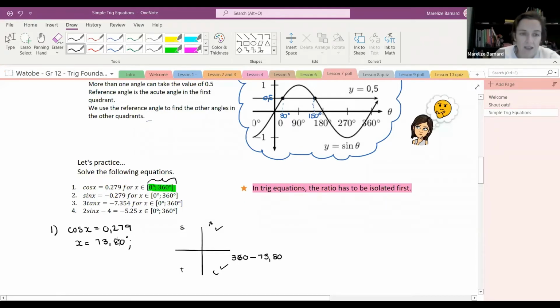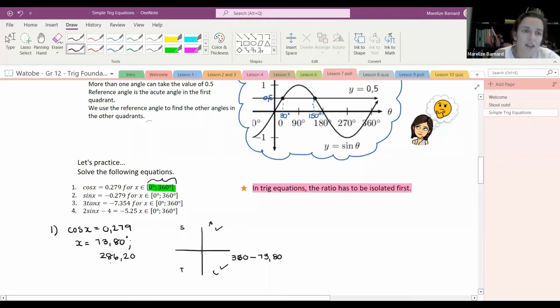That gives me, pop your answer in the chat if you've done it. 28.60. 28, that's right. Okay, so it's 286.20.